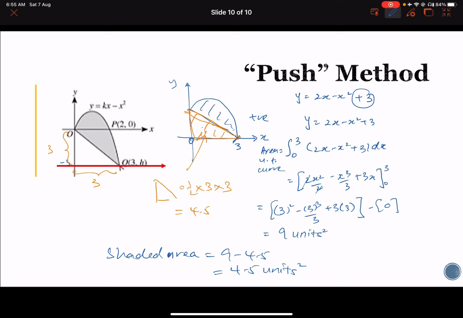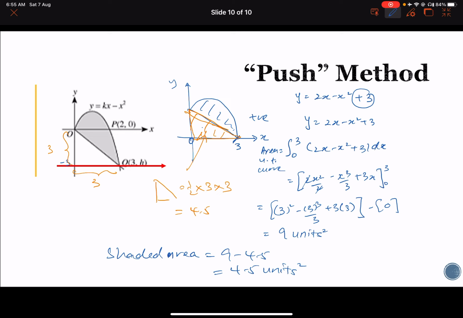I have given you a variety of methods for area under the curve bounded by a line. You can have the push method, the sandwich method, or the minusing method, like for instance, you minus away the triangle or the rectangle or the trapezium. Whichever you like, it will work.